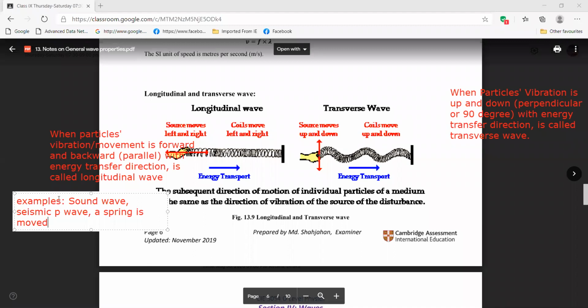Examples of longitudinal wave: you write sound wave, seismic P wave, a spring is moved forward and backward, right? It's longitudinal, for example.